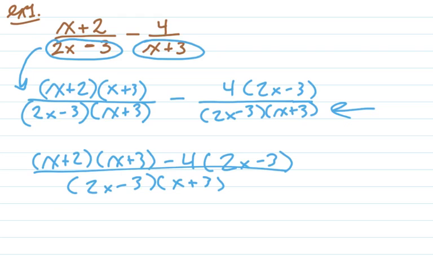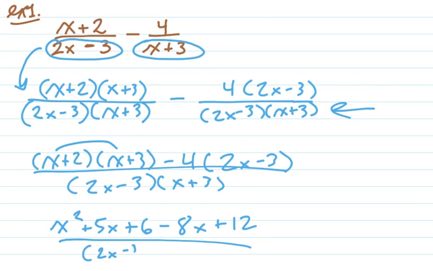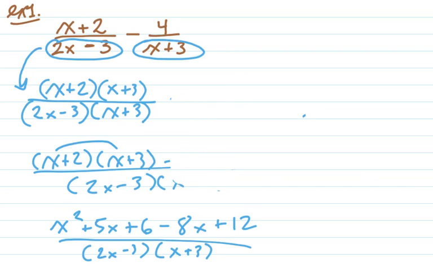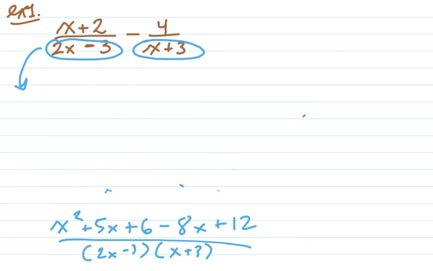Okay, if I FOIL out the top, well, I have x squared, outside and inside is 5x, last is 6, minus 8x plus 12, all over 2x minus 3, x plus 3. If I combine like terms, I'm going to get x squared.